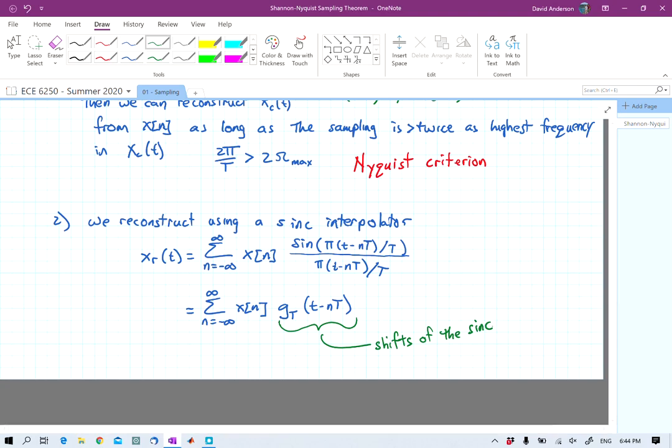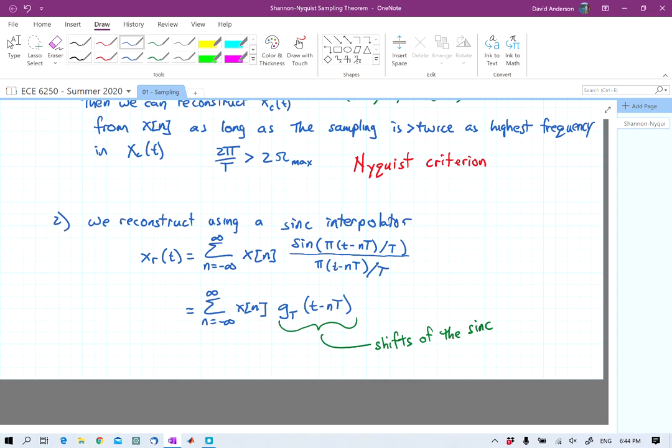Okay, so we have some problems with this that you may remember, or maybe it's new and you just spotted them right away. The one is this sinc function is going to die out as 1 over t, which means it never goes to 0 until t goes to infinity. So we're in essence adding up a bunch of functions with infinite support.